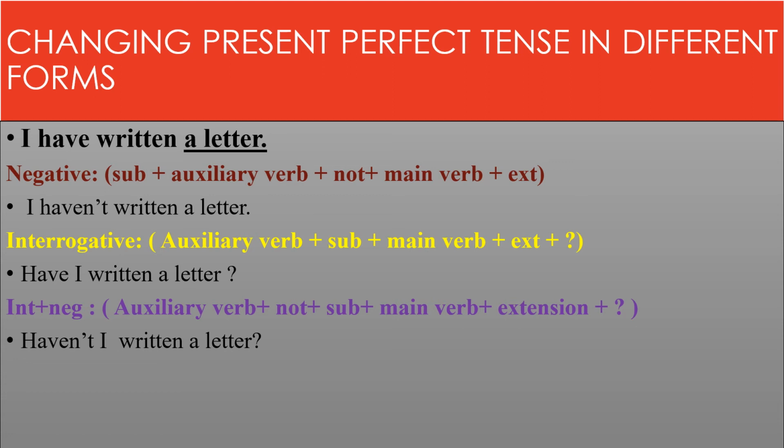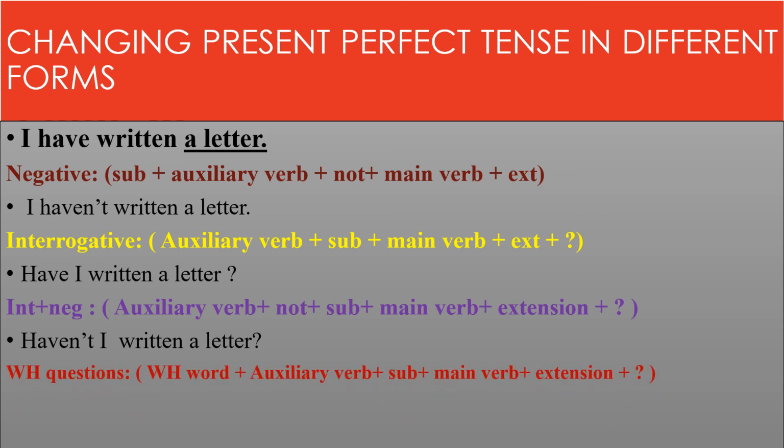And you have not forgotten that we are learning present perfect tense, and we are changing these sentences into negative, interrogative, and interrogative negative. These forms are the same in every tense. If you want to make present continuous tense negative, you have to follow this structure. If you want to make past indefinite tense interrogative, you have to follow this structure. So these structures are the same in every tense.